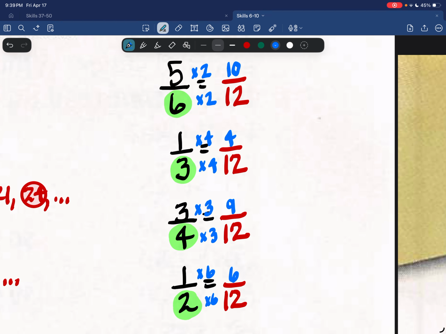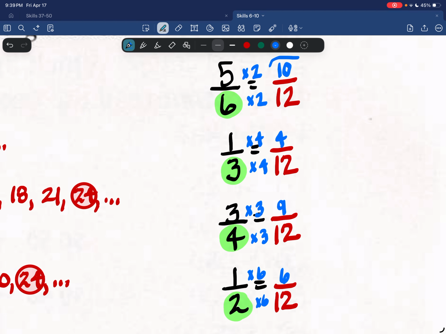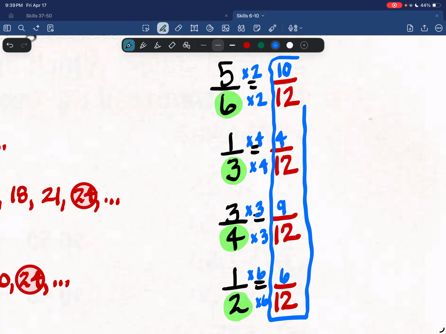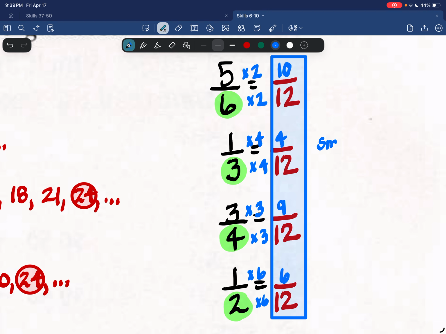And once you have done that, now we're comparing apples to apples because all of these are in the terms of twelfths. So now I can find the smallest, which would be this one. The largest would be this one.